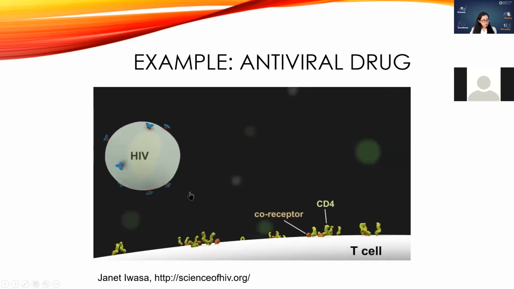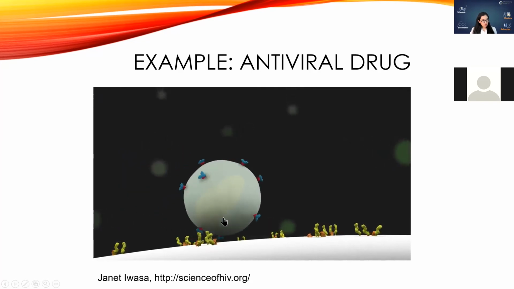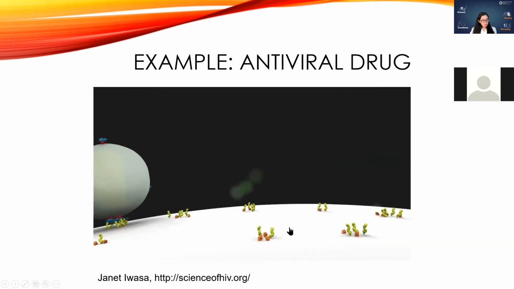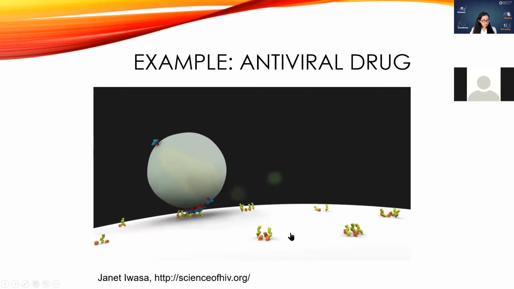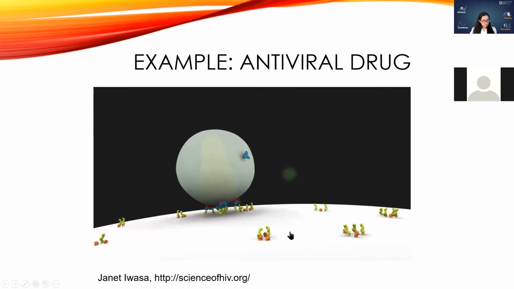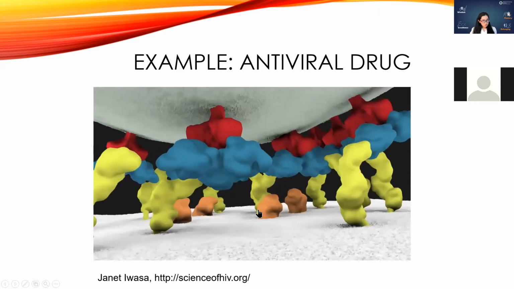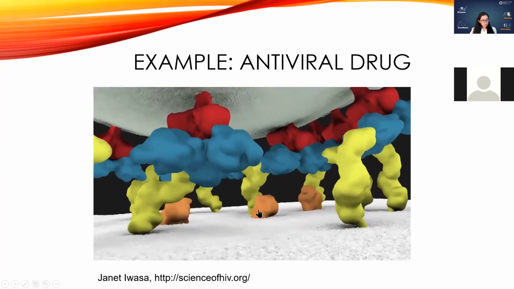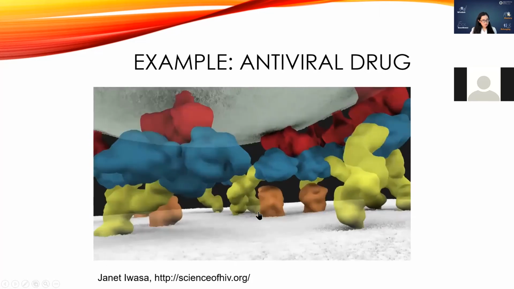Upon infection, HIV will try to get inside the T cells by rolling around the surface and then trying to catch the surface with its receptors. And once the receptors bind, it will try to punch a hole with a red helix to push its genetic materials inside the T cells.